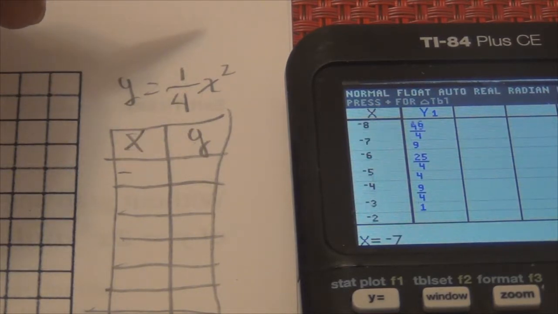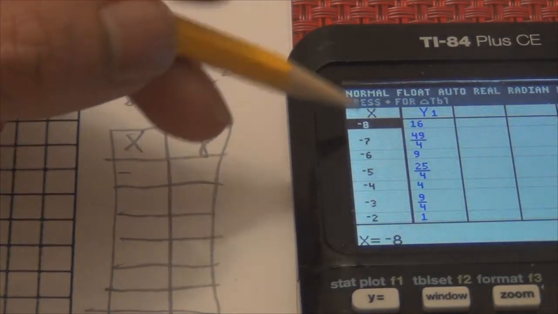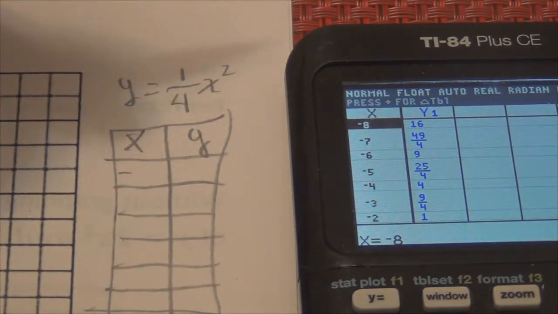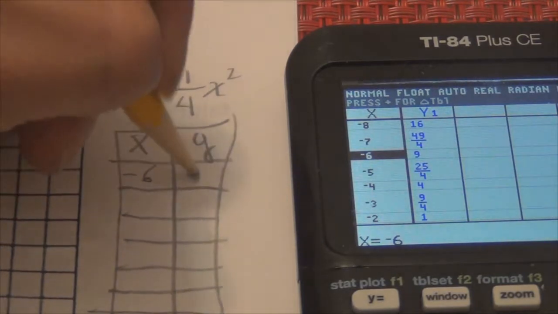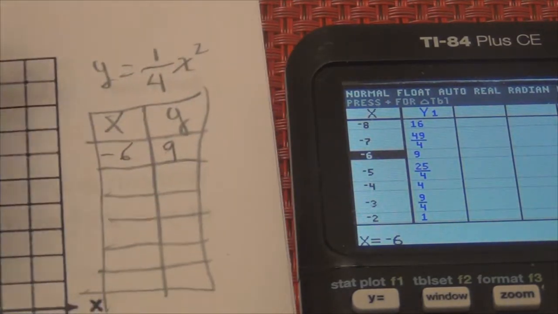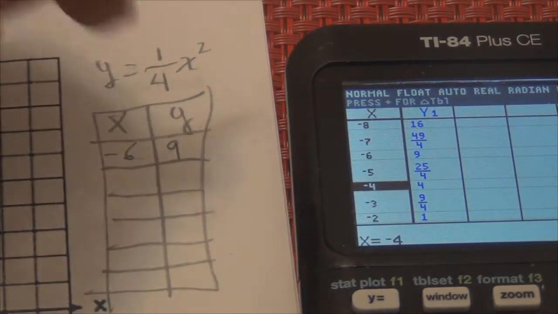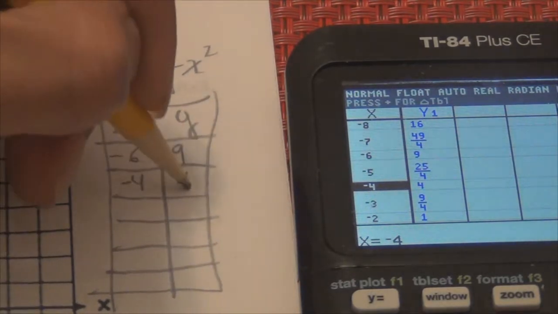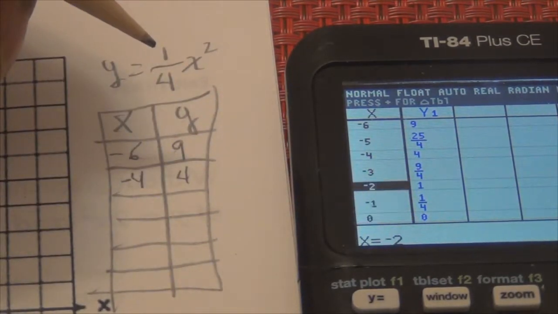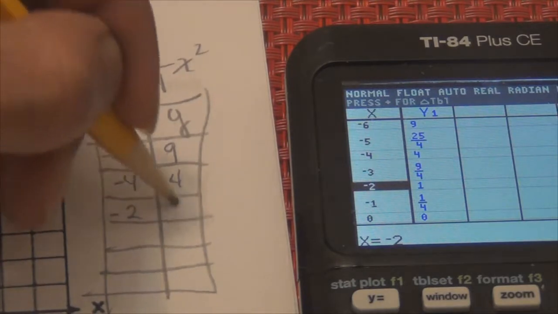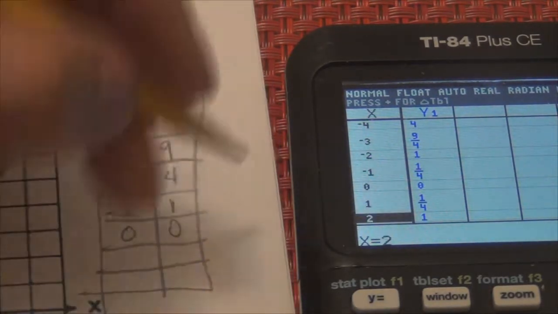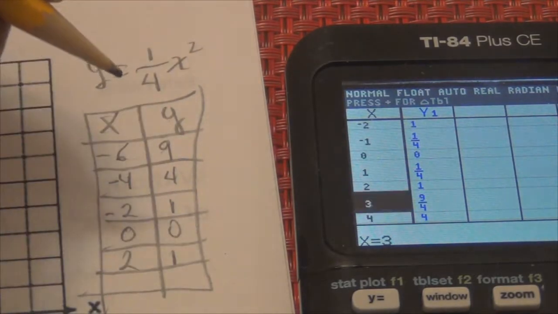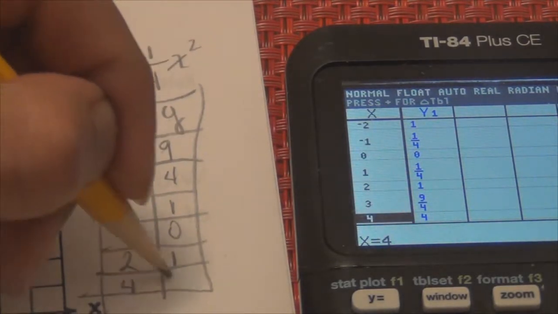For example, look at this. I have negative 8, 16, but I know that I don't have a 16 on the y-axis. Oh, negative 6, 9. Okay, negative 6, 9. Beautiful. What else do I have? Negative 4, 4. Negative 2, 1. 0, 0. 2, 1. 4, 4.